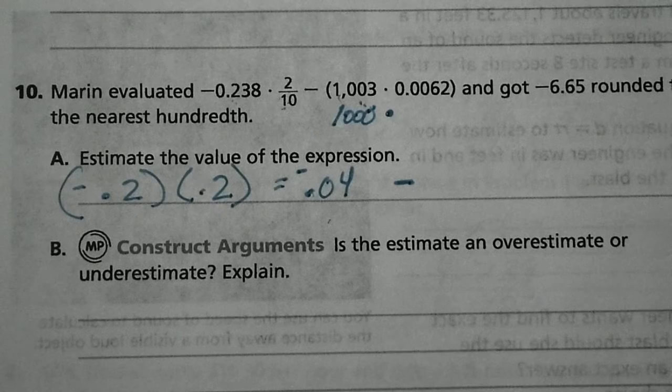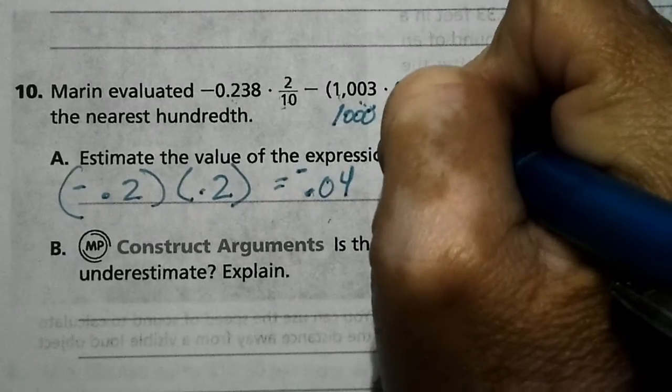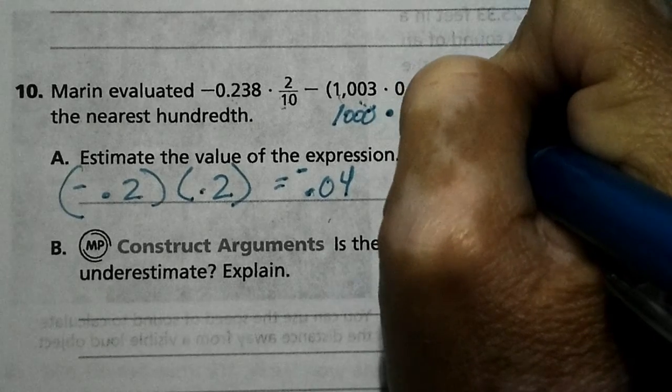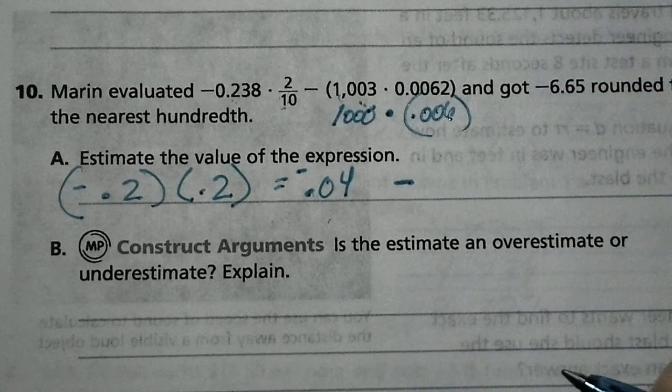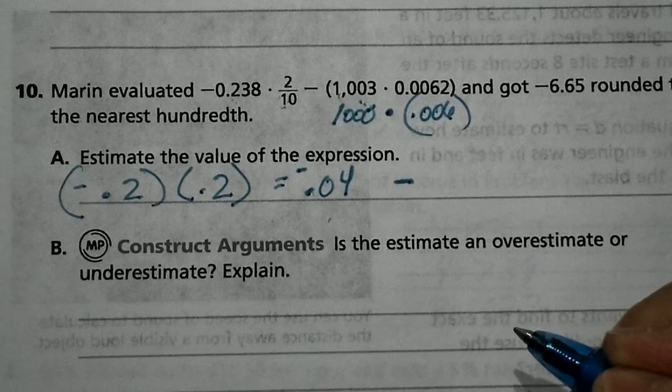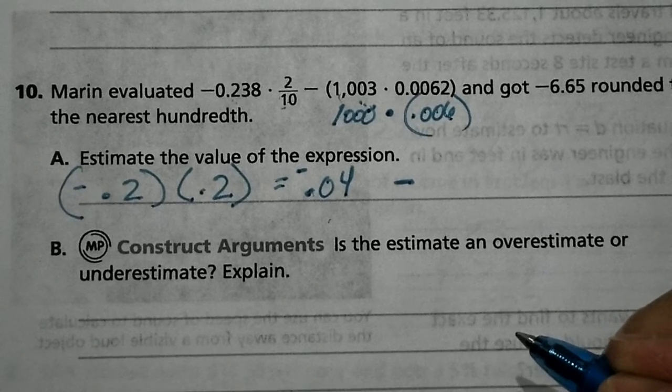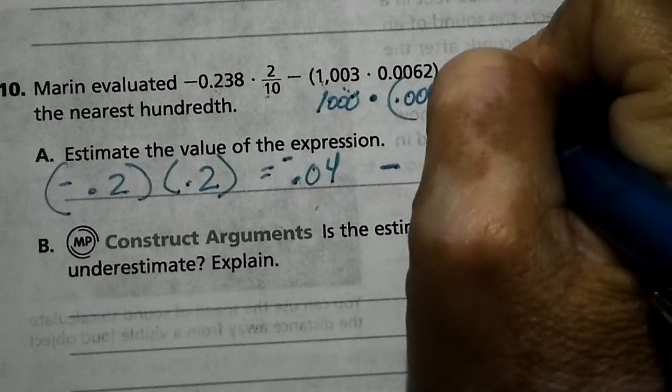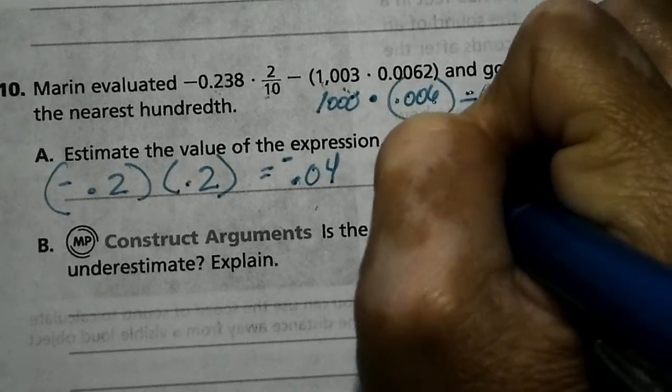I know. I was like, why did I do that? Close to like 100. I would round it to 0.006. So 1,000 times 0.006 is what? 6. Yeah.